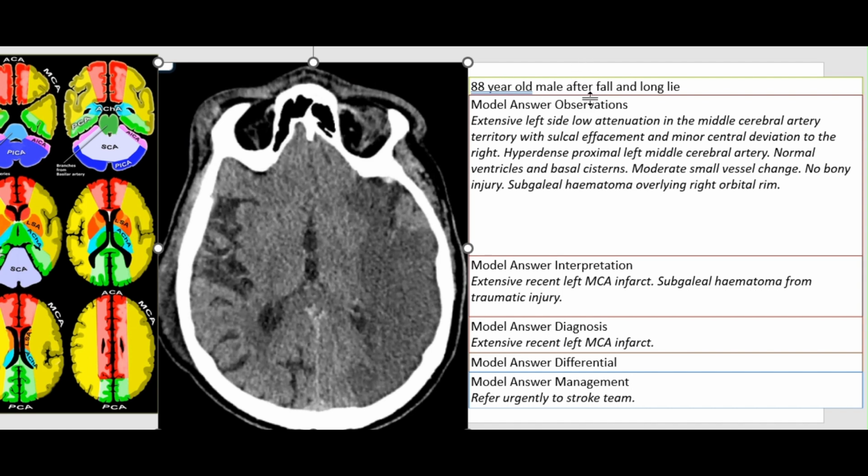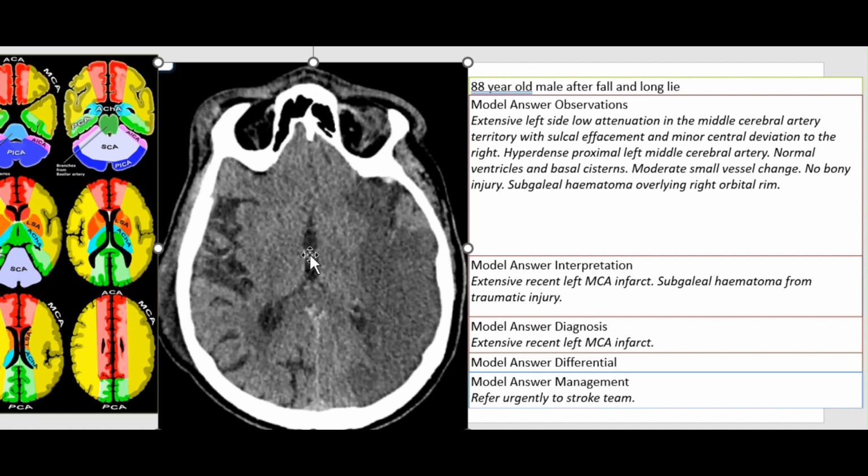This patient history includes falling, and long lie. So this subgaleal hematoma is most likely to be from a traumatic injury during the falling.